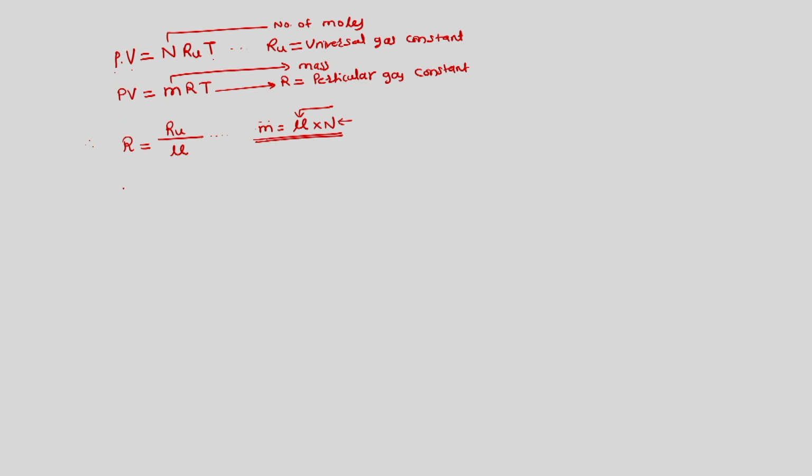So practically when we write PV equal to mRT, we are writing PV equal to mu N into RT, and that is why the universal gas constant is equal to molecular weight into the particular gas constant. So the particular gas constant is equal to the universal gas constant upon molecular weight.